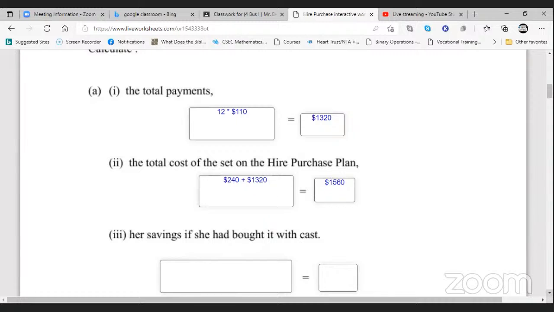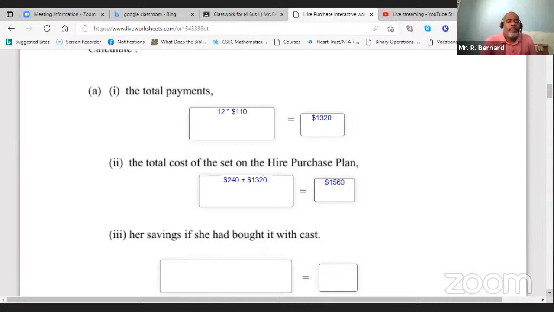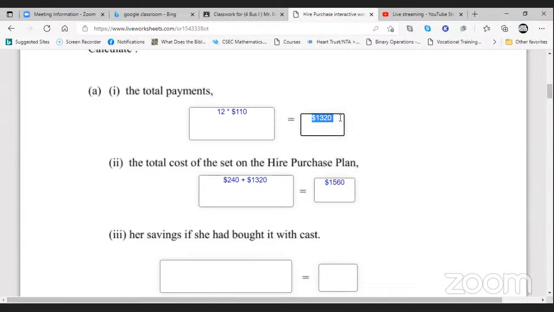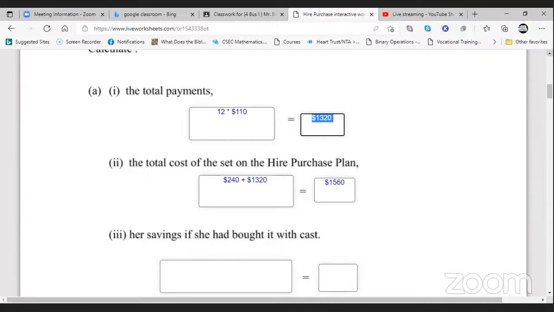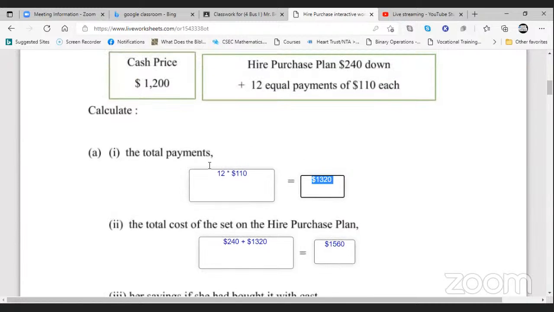Sir, how did she get that? All right, as you heard, Richard said earlier that this $1,320 is the total payments, the total installment, really.